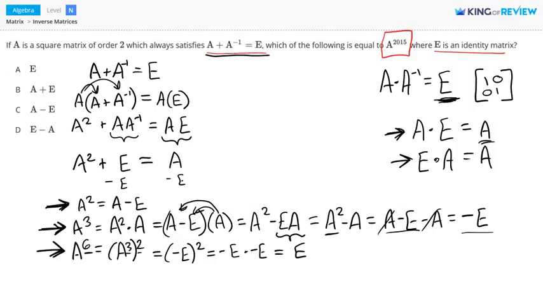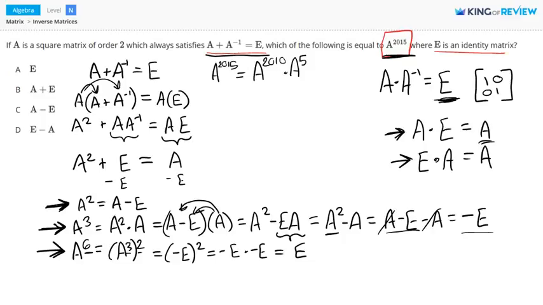So what I want to do is use these three values, A squared, A cubed, and A to the power of 6, to find A to the power of 2015. So A to the power of 2015, this can be written as A to the power of 2010 times A to the power of 5. Why is this?